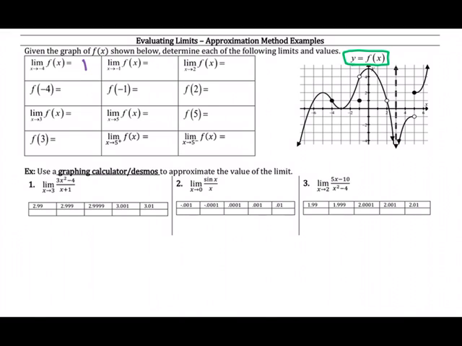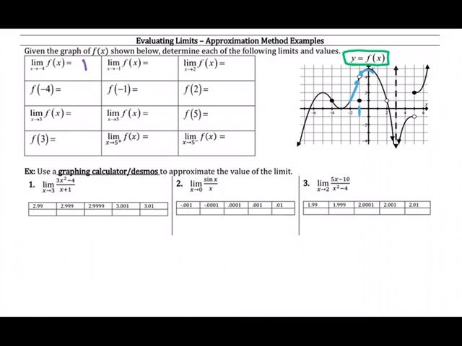The next thing we're going to look at is the limit as x approaches -1 of f of x. So here is where x is equal to -1. Looking at the function now, as I get really close from the left and as I get really close from the right, I'm getting really close to one y value. And both from the left and from the right, that y value is the same number. Now, at the moment that x is -1, there's a hole in this function.